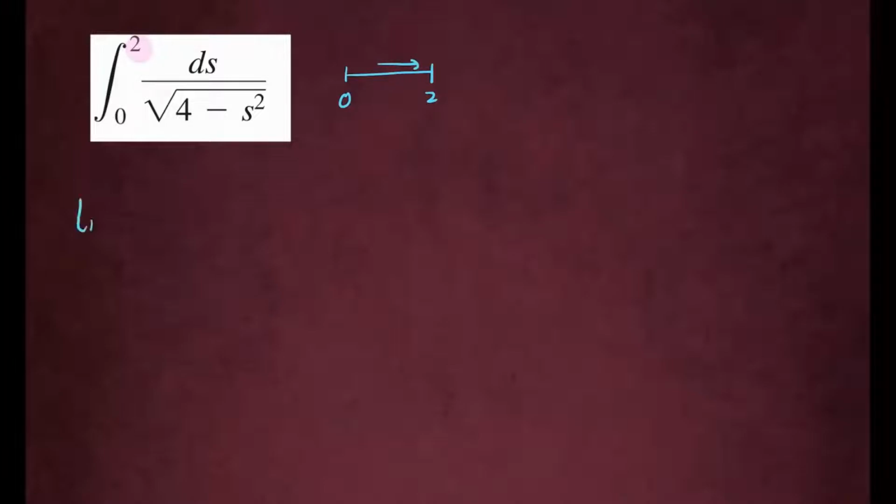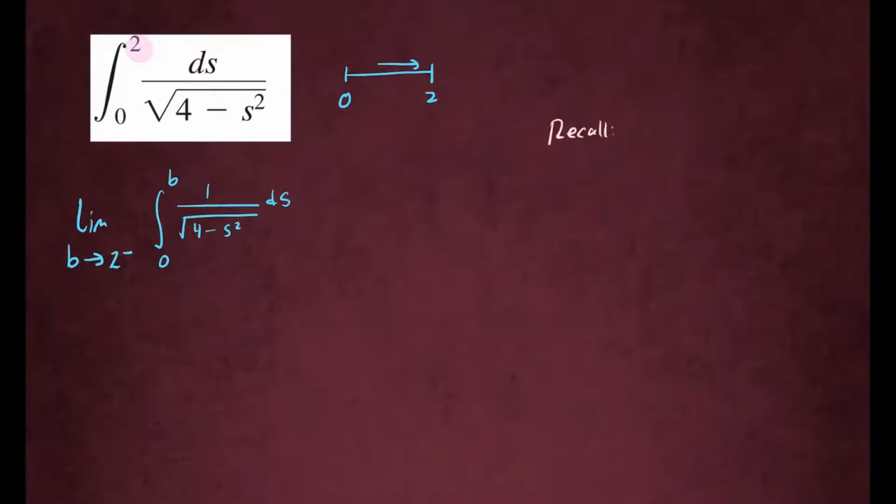So I will rewrite this as a limit of some b, or any variable you pick. I think previously I used t, but it doesn't really matter. So b approaches 2 from the left of this integral from 0 to b of 1 over the square root of 4 minus s squared ds. Now you should recall what this integral looks like.